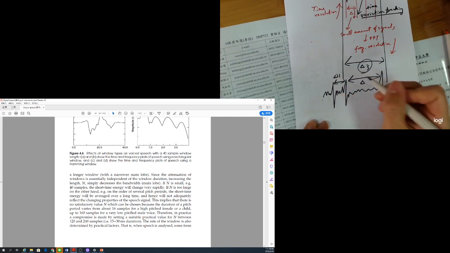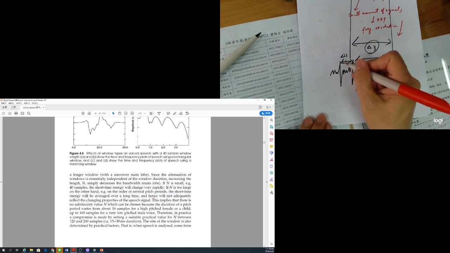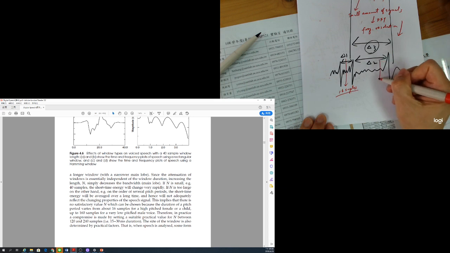So this one, delta 2, tells you that for different people, like female children, the pitch period could be down to 16 samples, so they have a high frequency. For a very old male, the pitch could be up to 160 samples, a very low frequency.